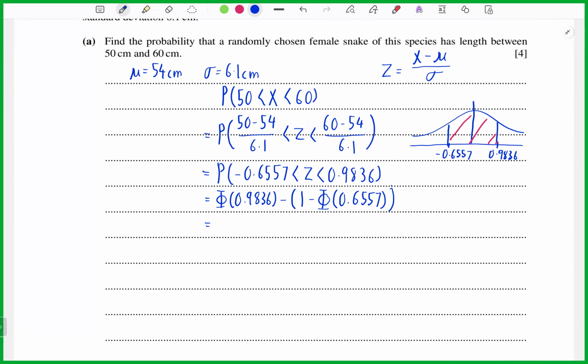Now I try to teach you how to find the exact score. You can see 0.9, right?